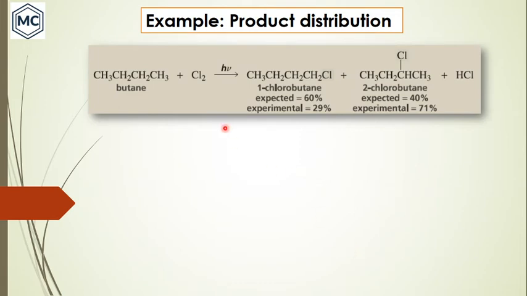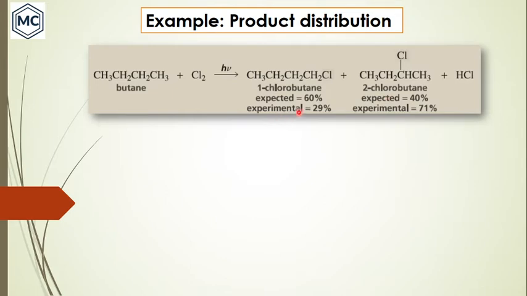And another example, when you react butane with chlorine in presence of heat or light, you have a possibility of getting 1-chlorobutane and 2-chlorobutane. Actually, we expected 60% of 1-chlorobutane and 40% of 2-chlorobutane.